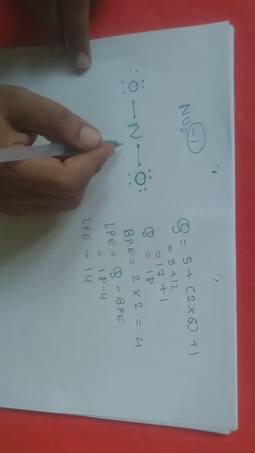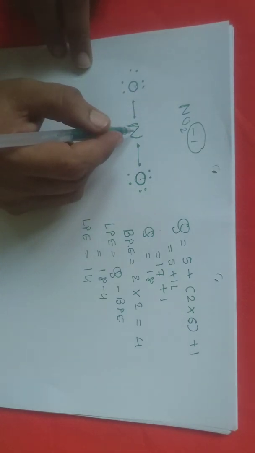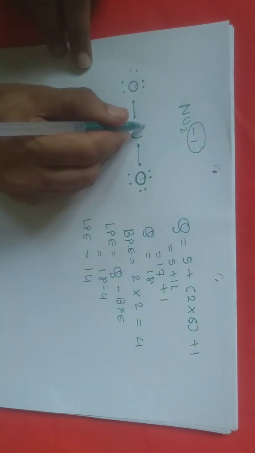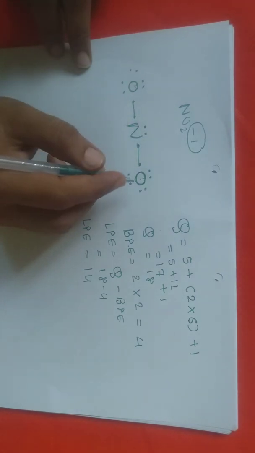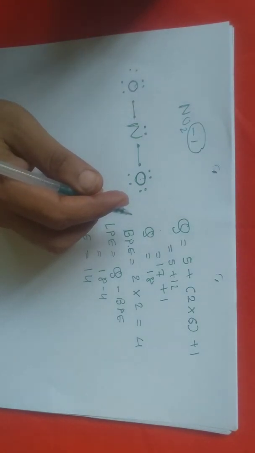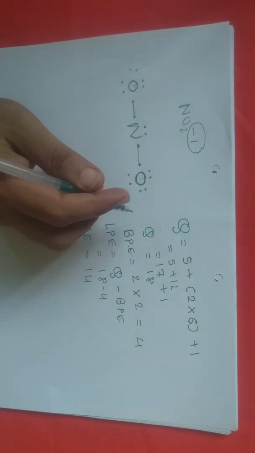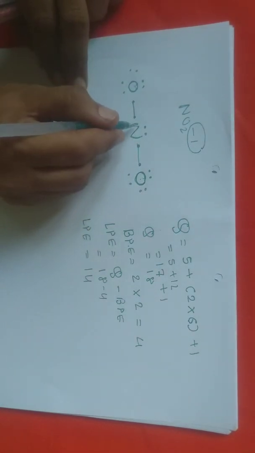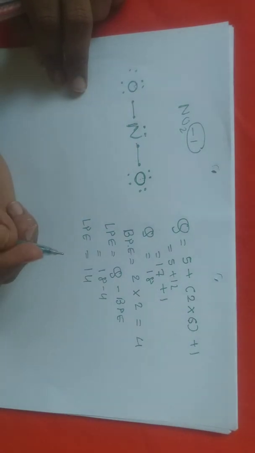Once all corner atoms occupy their octet, then and only then you put electrons on the center atom, because our rule says that the center atom has a minimum of 8 electrons, but it may have more than 8 electrons also. Now in nitrogen here, 1, 2, 3, 4, 5, 6 electrons are there only.